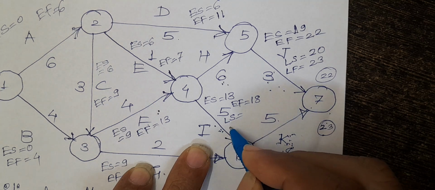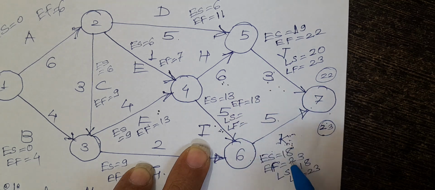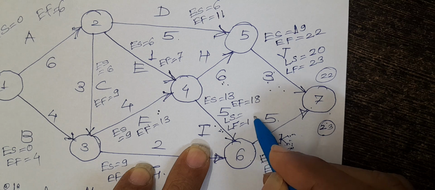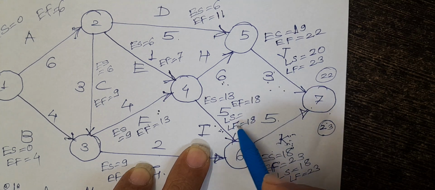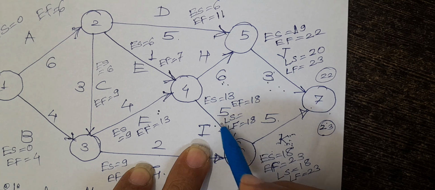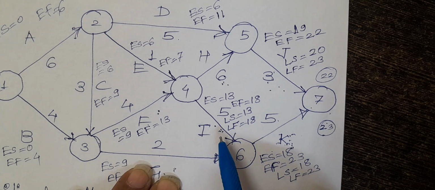Latest finish of this activity is the latest start of the next activity, and the latest start is 18 minus the time required of this activity, which is 5. It is 13. Okay, so this is I.